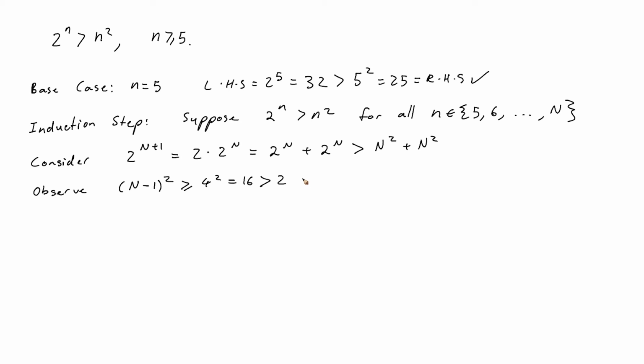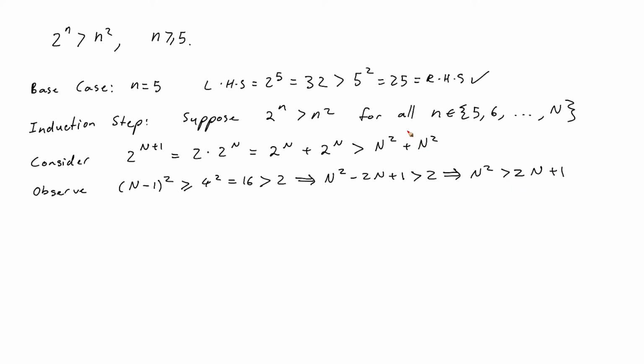Now, you might wonder why I've done this. Well, if we have a look at this and expand the left-hand side, we end up with n squared minus 2n plus 1 is strictly larger than 2. And so this means that n squared will be greater than 2n plus 1.